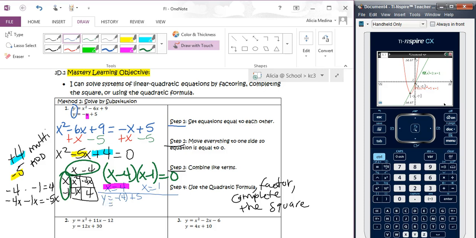Negative 4 plus 5 is positive 1. And so that's my y value. So one of my solutions is going to be 4, comma 1.